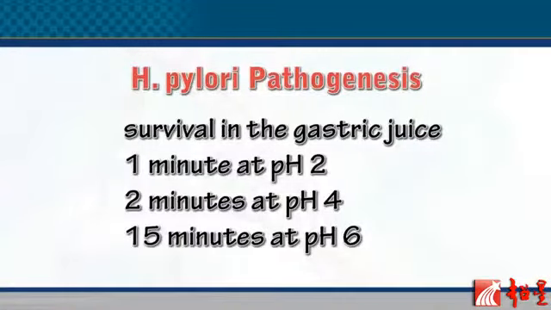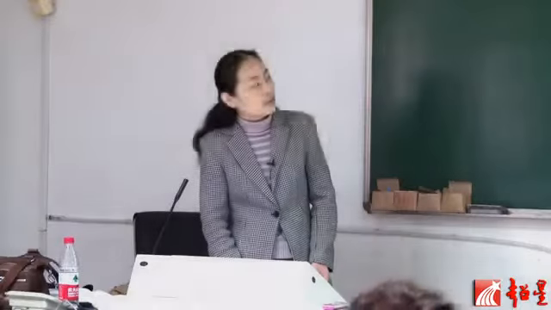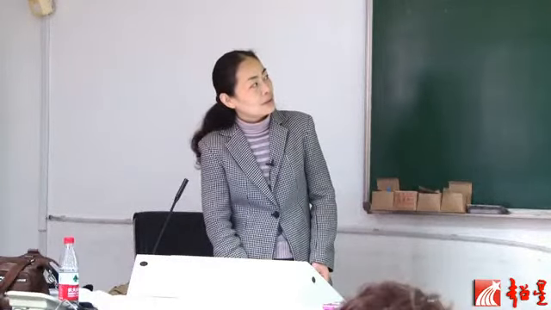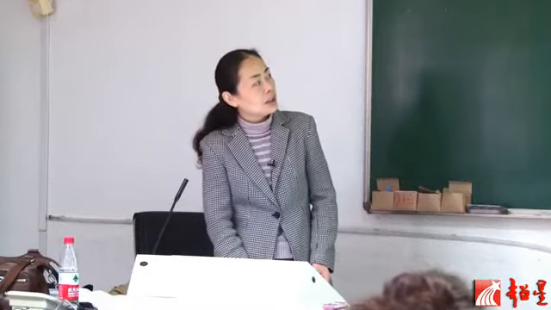Here is a picture published in 2005. They found HP can survive in the gastric juice at different pH values. When the pH is 6, it can survive for 15 minutes.